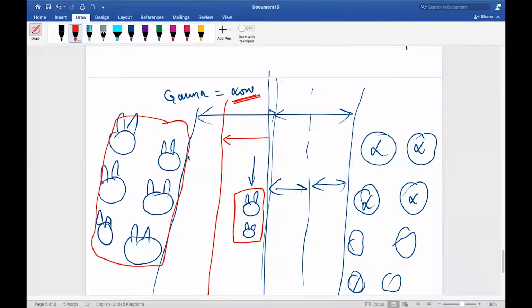My equation will think that this is the actual group, because the weight is more here and less here. So in that case, there will be some misclassification. These two will be misclassified. But you will get a good model, because anyways, where is your rabbit mostly lying? Here, not here. These are just the outliers. So in that way, which gamma value should you consider?